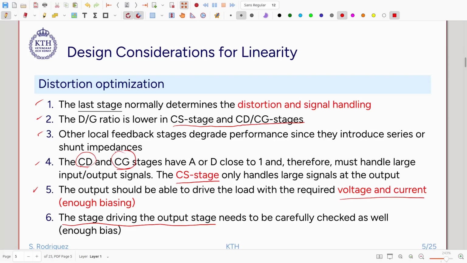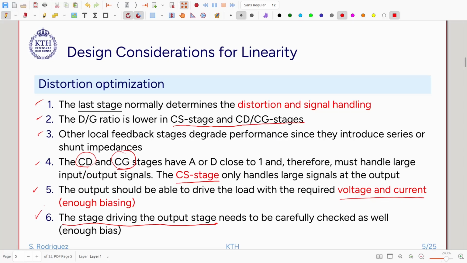Then driving the output of the intermediate stage or the input stage is also very hard. So we need to check very carefully the stage that is driving the output stage, so that it doesn't enter a nonlinear situation.